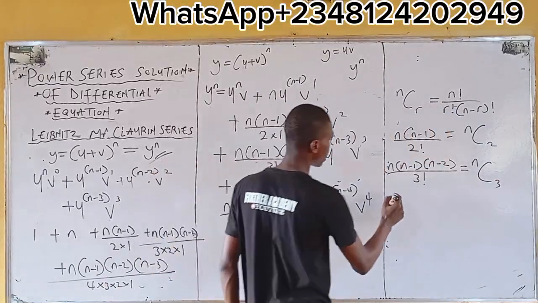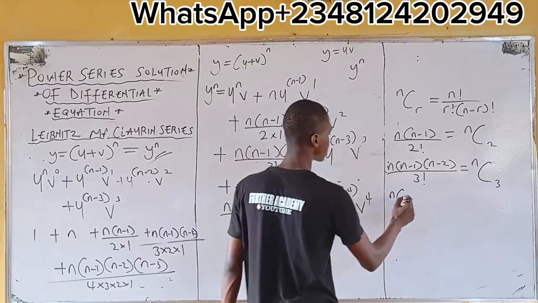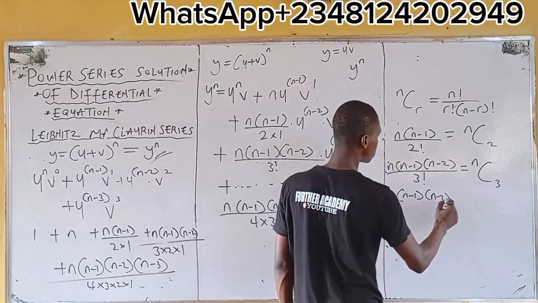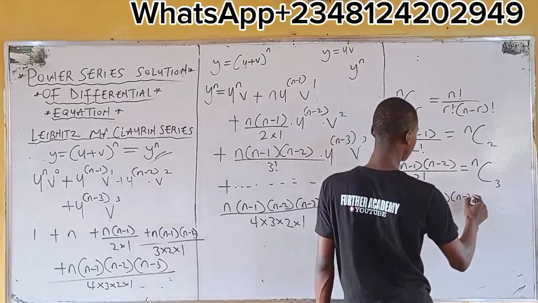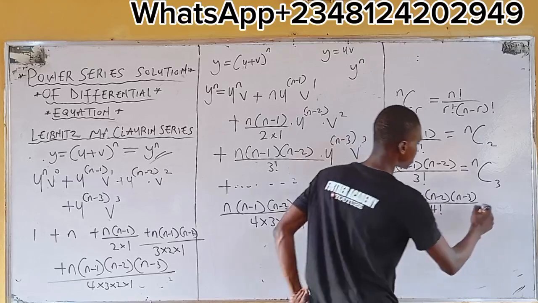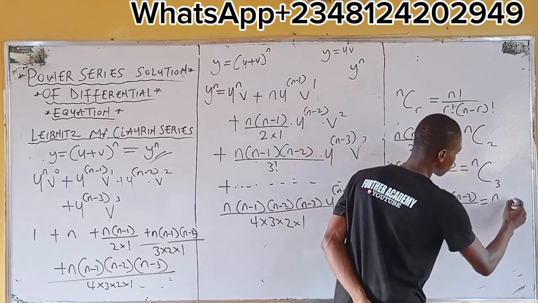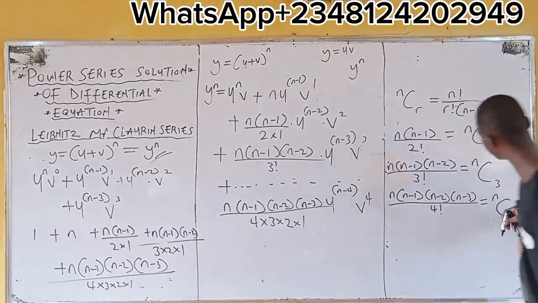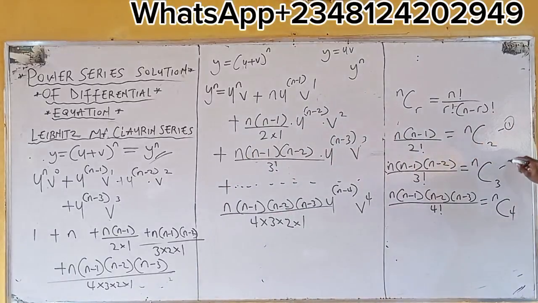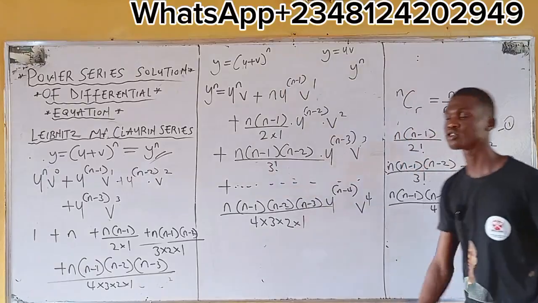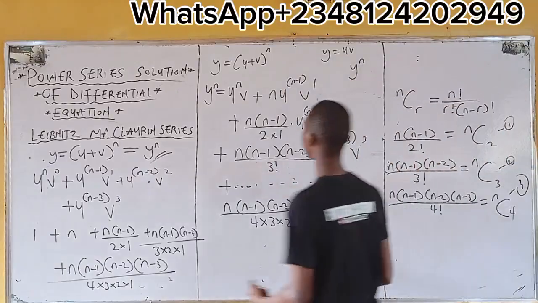Similarly for this, I have n into bracket n minus 1 into bracket n minus 2 multiplying n minus 3 all divided by 4 factorial, the same thing as writing n combination 4. So you can substitute all of this. Say this is 1, say this is 2, and say this is 3. You can substitute that into this general solution. What do you have?